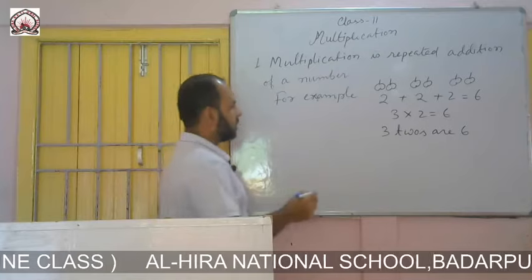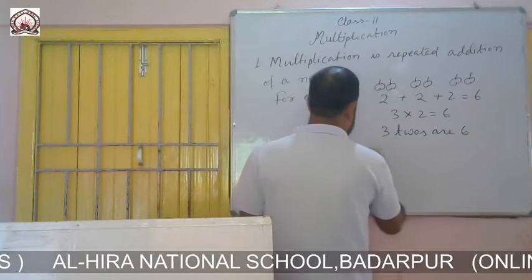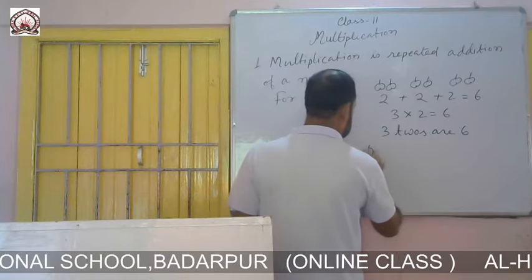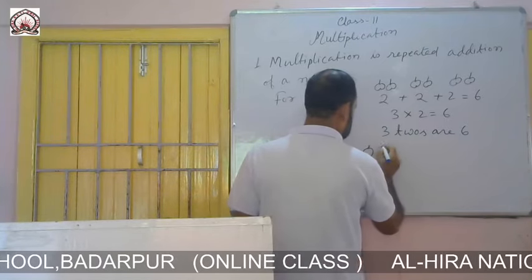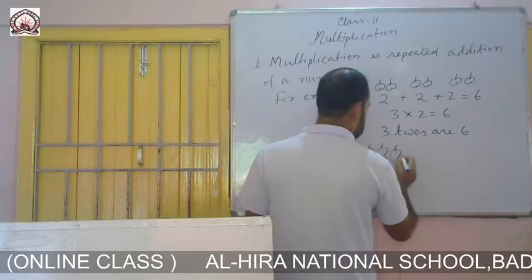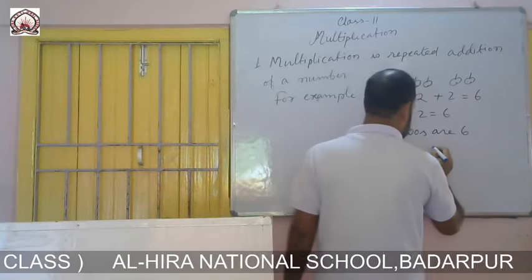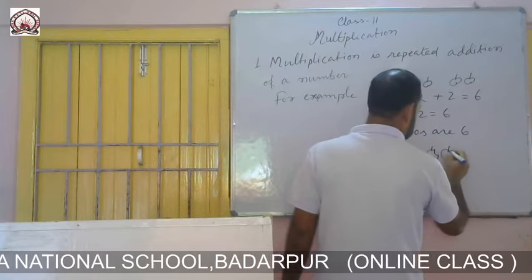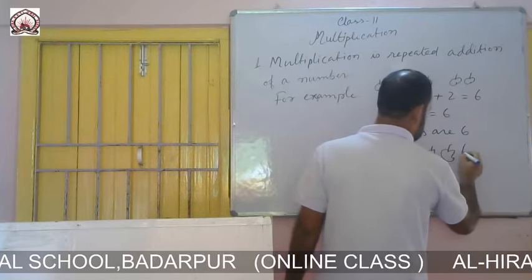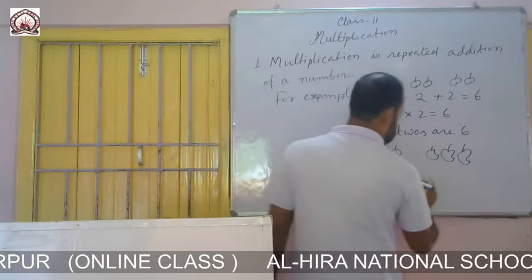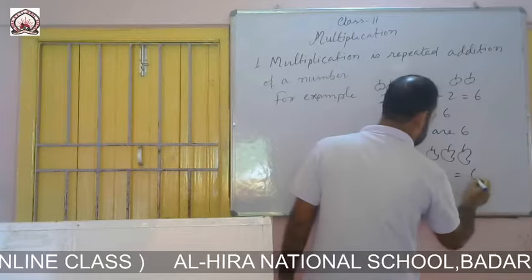Or if we draw 3 mangoes, 1, 2, 3, one group, another group, 1, 2, 3. So we write 3 plus 3 is equal to 6.